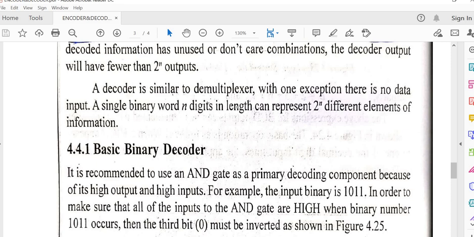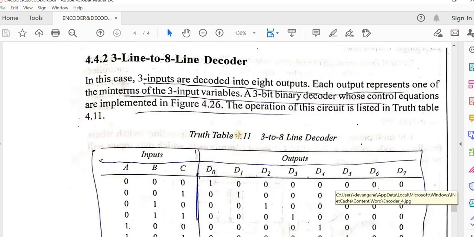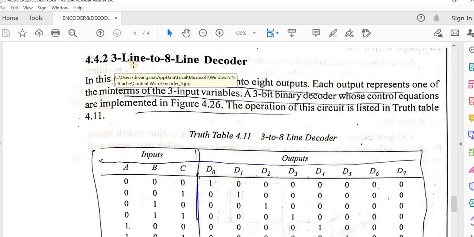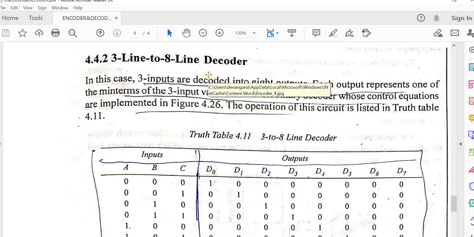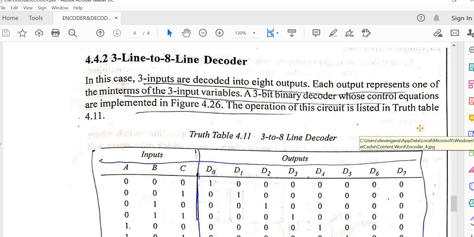A single binary word n digits in length can represent 2 to the power n different pieces of information. For example, we will see the 3 line to 8 line decoder, also called a binary to octal decoder.